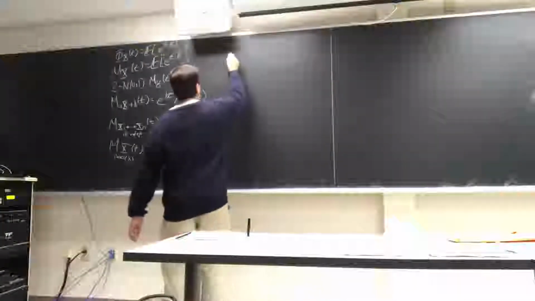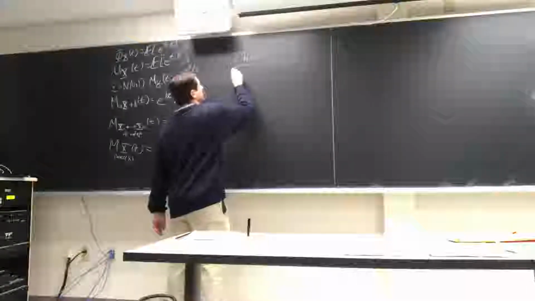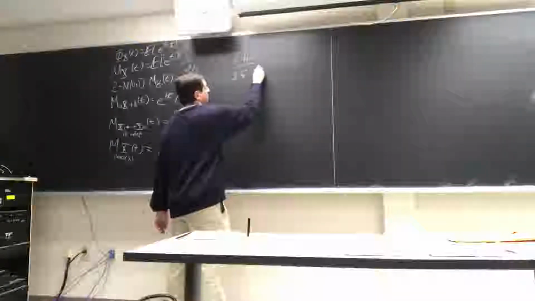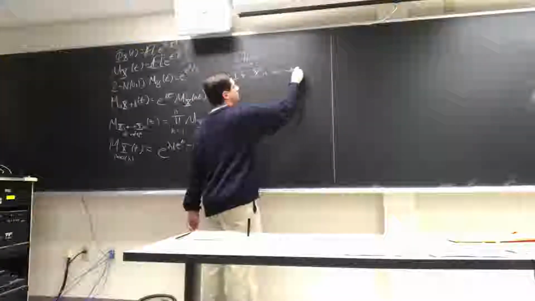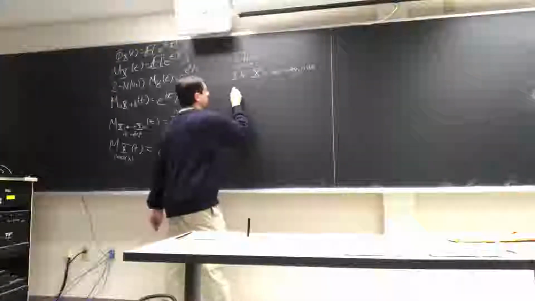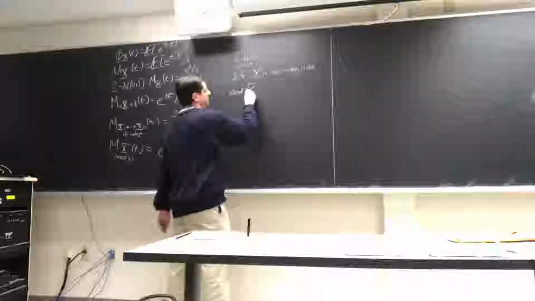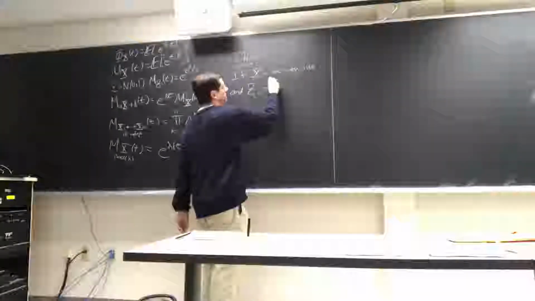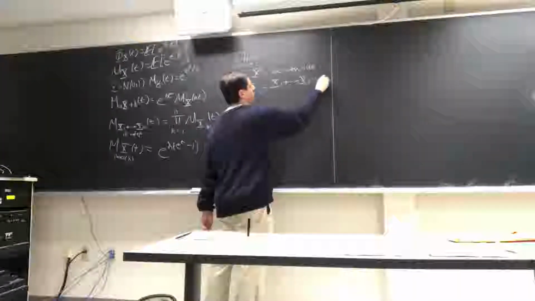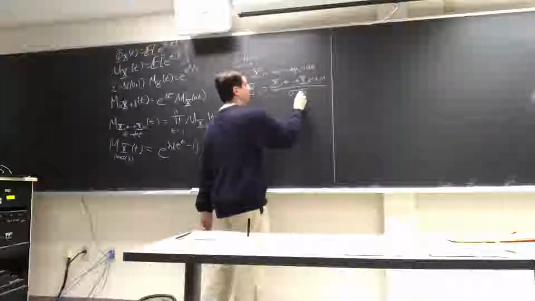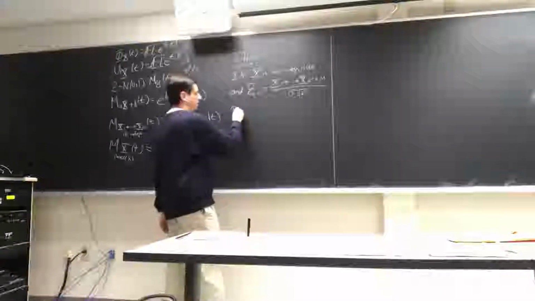So the main result: if X1 through Xn are independent and nice, and if we let Zn equal X1 plus ... plus Xn minus n mu, over sigma square root of n, then we have the following.